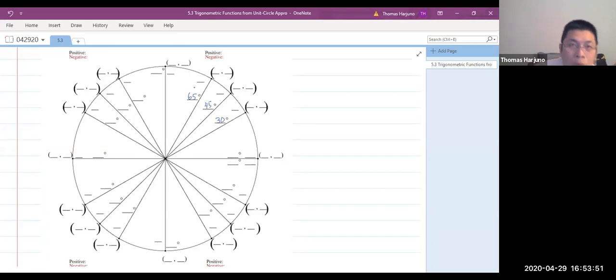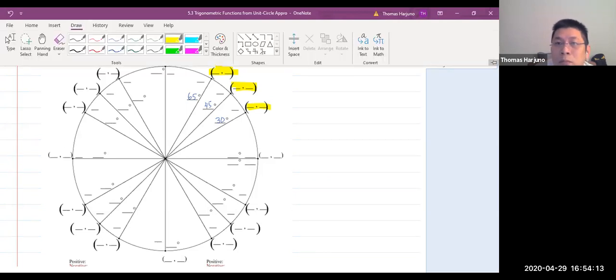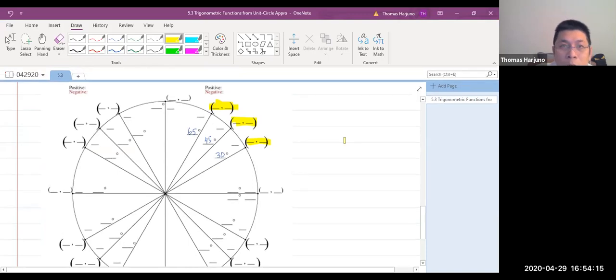Because once you have the coordinates, you actually know the sine and cosine of that angle. You see what I mean?